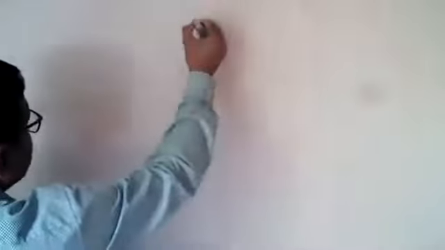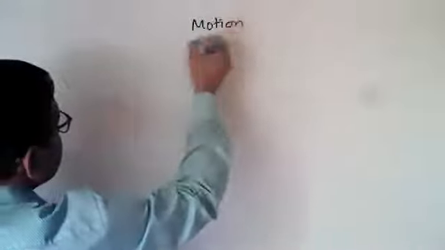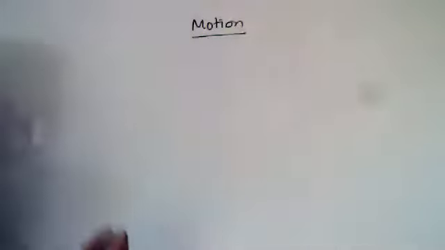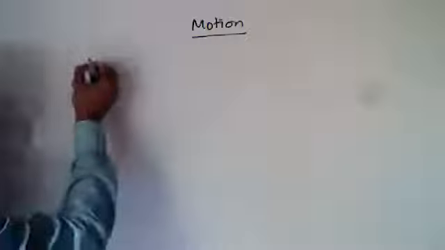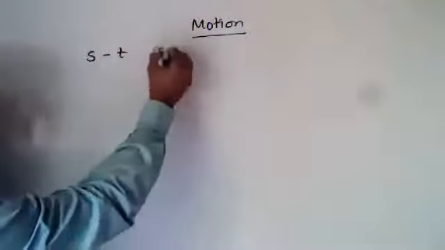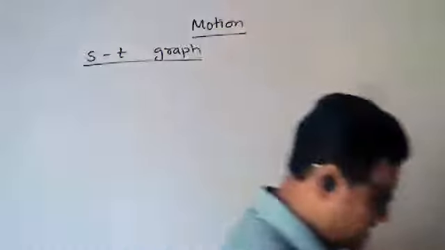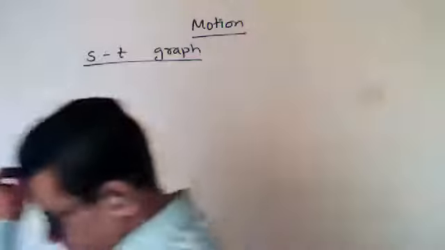Okay, today is our revision class about the chapter Motion, and we will discuss the graphical representation of motion and any other questions. Motion is graphically represented by the ST graph, the displacement-time graph.